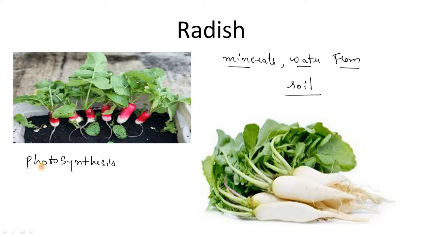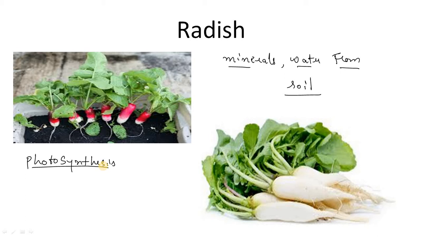So what is photosynthesis, children? It is a process where plants prepare food in the presence of sunlight and water, right? This is the process of food preparation in plants. So as leaves play a very important role in the preparation of food in the plant, in the same way the raw materials or the ingredients needed for the plants to prepare food are supplied by the roots of the plant.